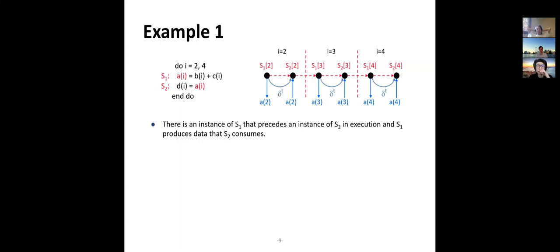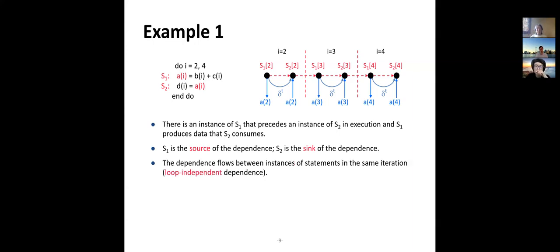Again, as I said before, S1 is the source of the dependence and S2 is the sink of it. We're just applying our theory. The cool thing is that if you look at this dependence in that graph, it doesn't cross the boundary of a loop iteration.